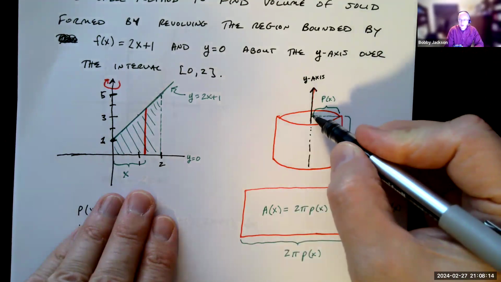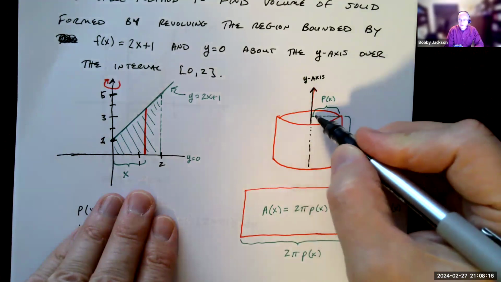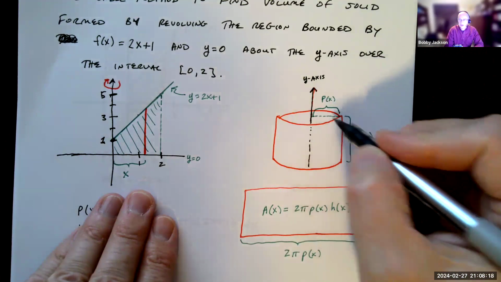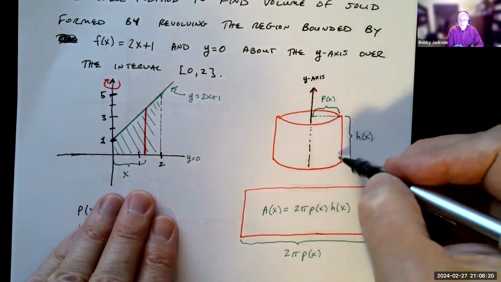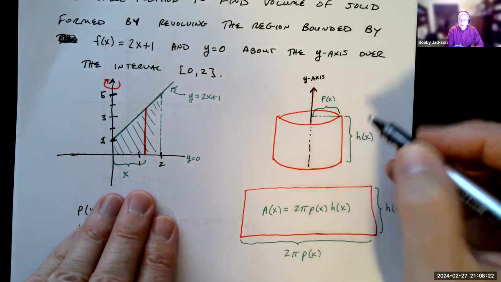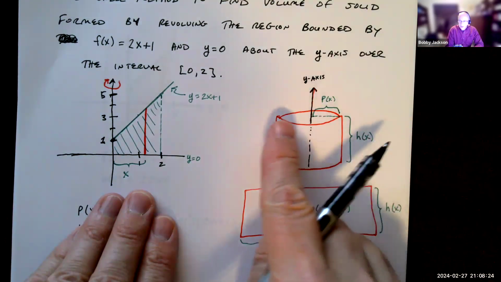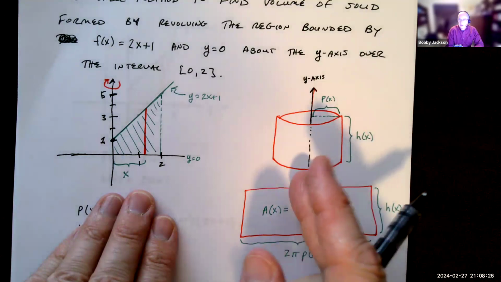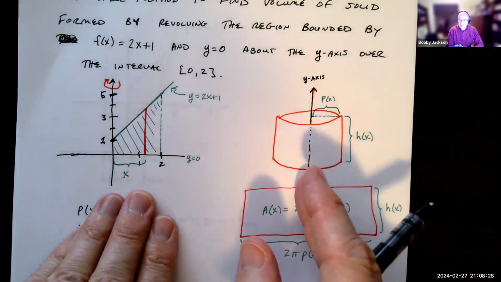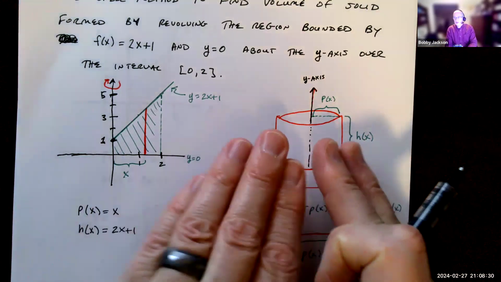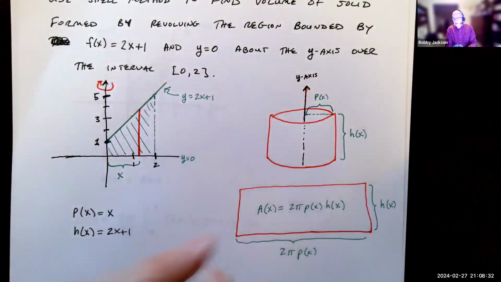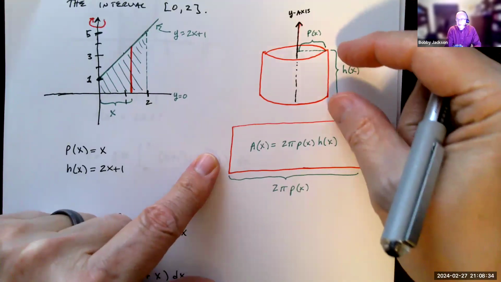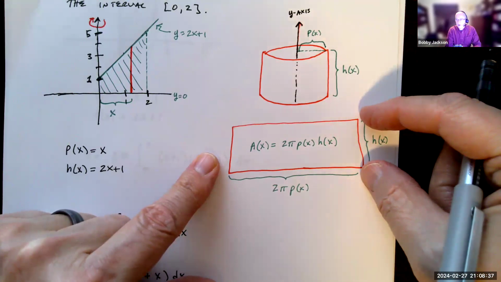And for the shell, what we talk about is the radius of this circle. I'm going to call that p of x. It's a function of x. And the height of this shell, I'm going to call h of x. Now, to find the area that we're talking about here, take some scissors and cut open this cylinder and unroll it, and what we'll have is a rectangle. The height will become the height of our rectangle.